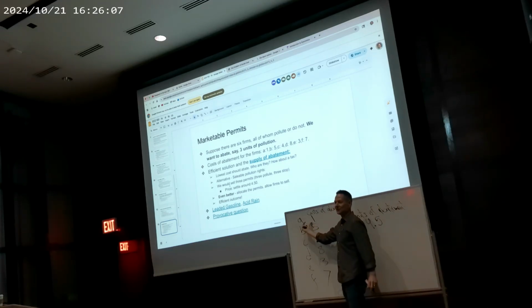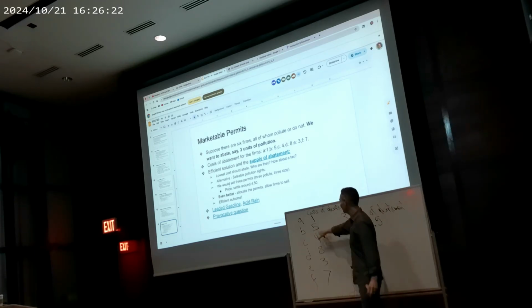firm A is going to look at that fine and say, well, we can stop our pollution for $1, right? So we'll stop the pollution. 1 is cheaper than 4.5. Firm B is going to say, a fine of 4.5, I'm just going to pay the fine because $5 is too much, right? Firm C is going to say, we'll stop, 4 is less than 4.5, right?